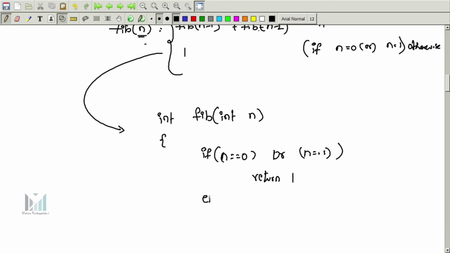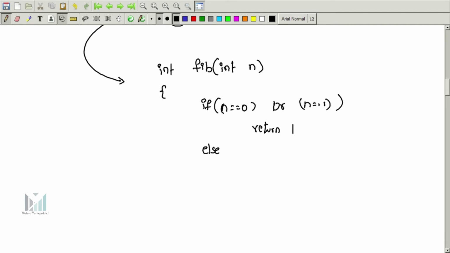Else, that means if n is greater than 1, then we have to return Fibonacci of n minus 1 plus Fibonacci of n minus 2.